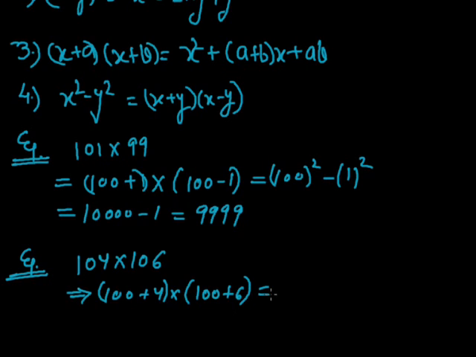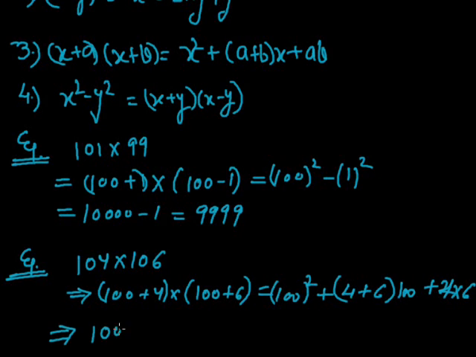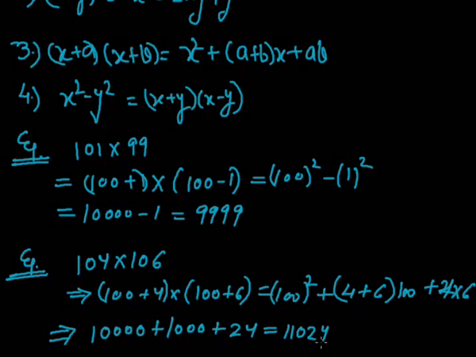So that will be 100 square plus (4 plus 6) into 100 plus 4 into 6. That will be equal to 10,000 plus 1000, that is 10 into 100, plus 24, that is given by 11,024.